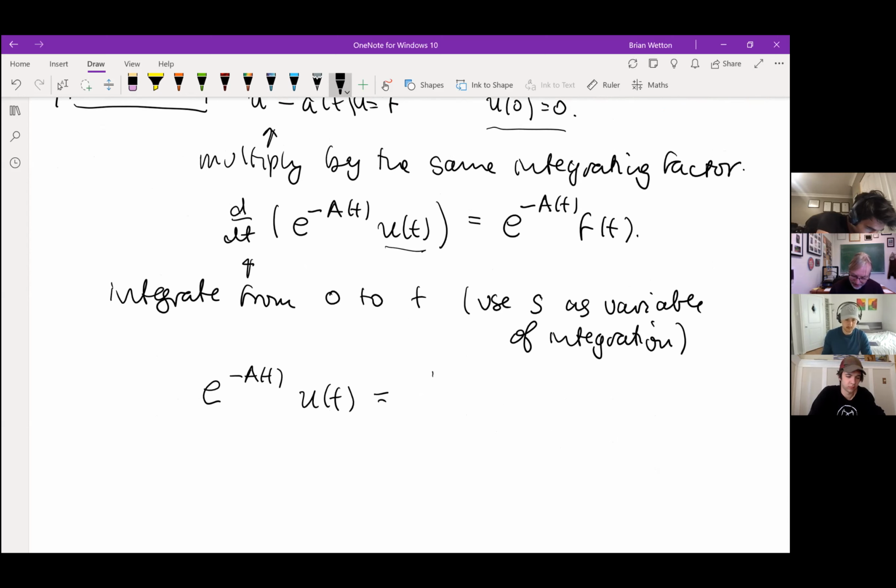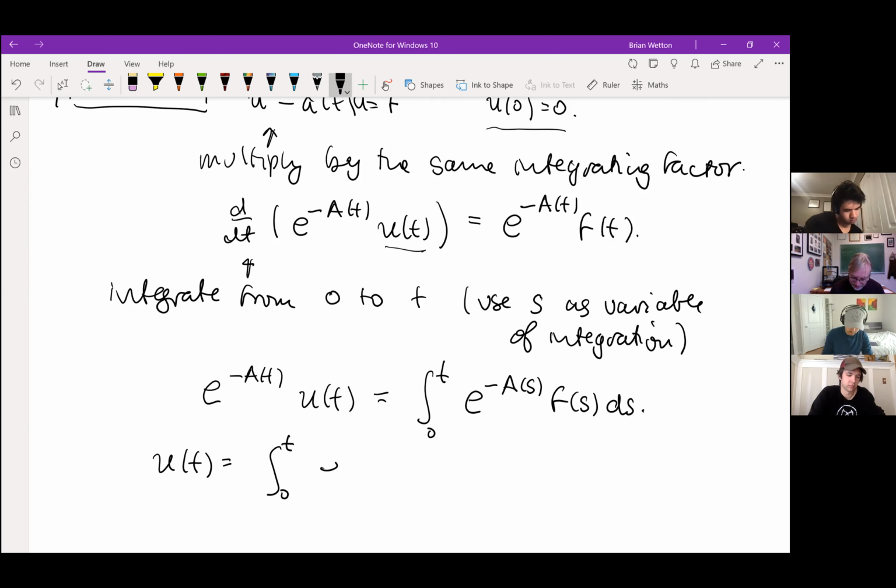And now, well, here I really have to integrate. So I'm going to get u of t is the integral from 0 to t, e to the a of t minus a of s, f of s ds.